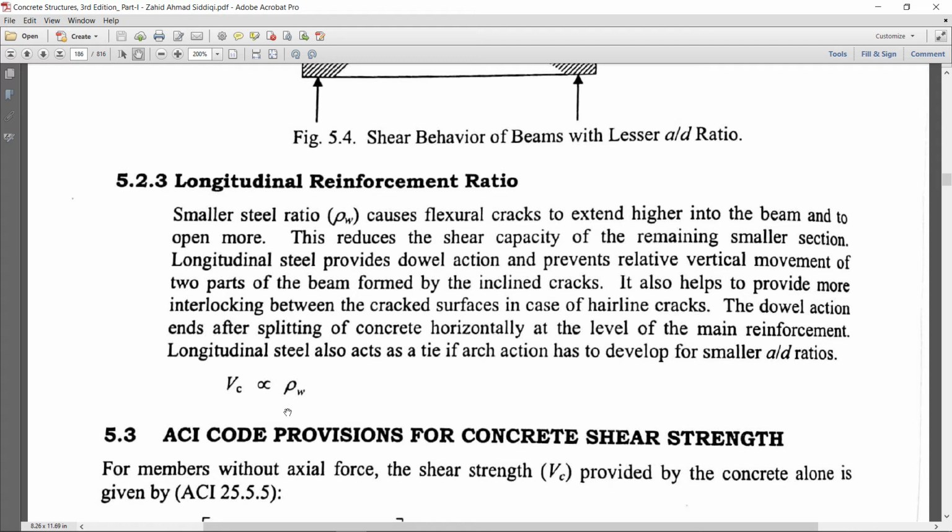If you have more longitudinal reinforcement, meaning a higher steel ratio in your beam, you will get more concrete shear strength, which in turn resists the applied shear and also controls the concrete cracks due to shear. If you have more steel, the cracks will also be controlled by the concrete capacity.